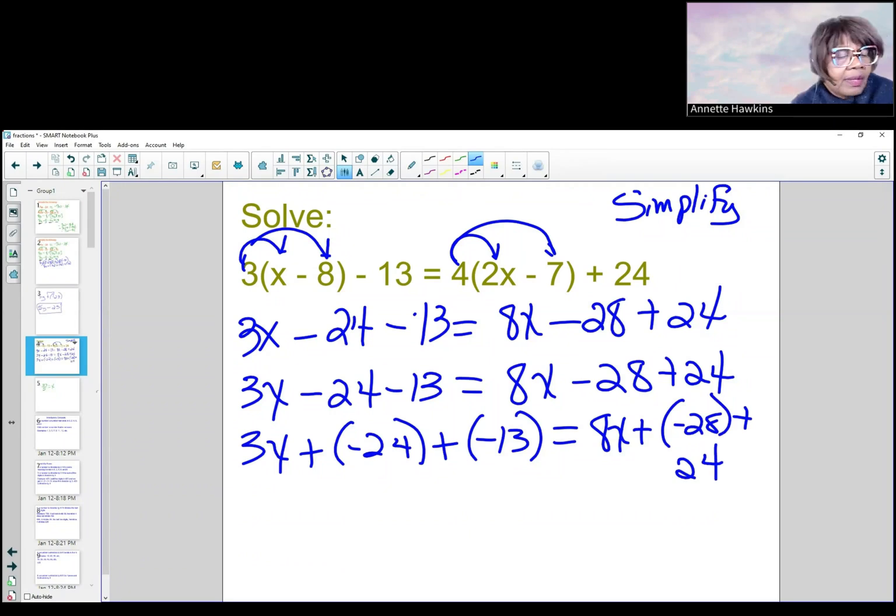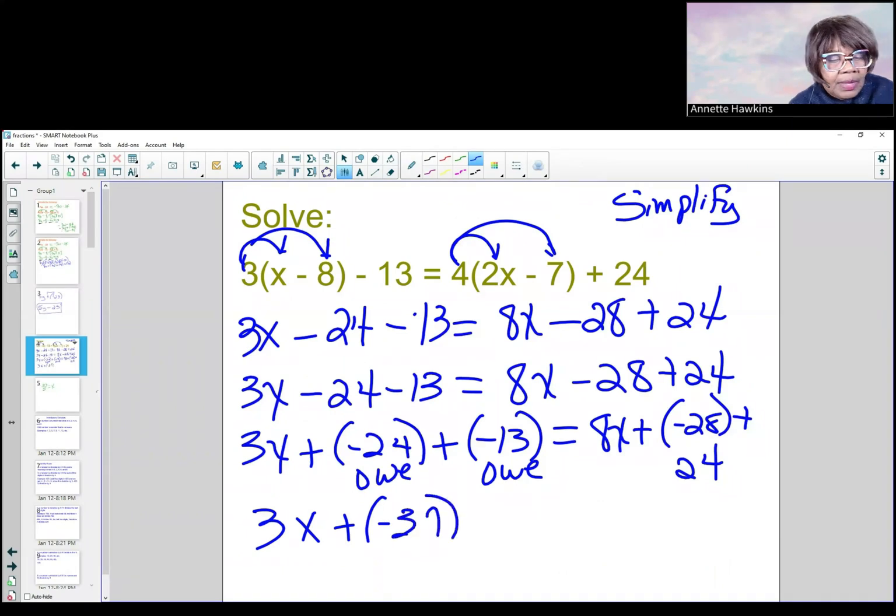So you owe 24 and you borrow 13. So you're in the hole $37 equals 8x. Now you owe 28, but you only have 24, so you're in the hole $4.